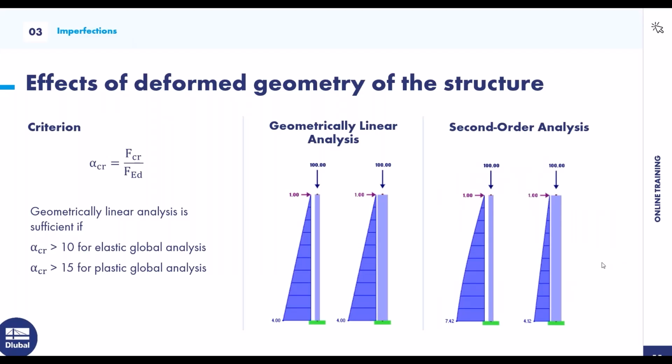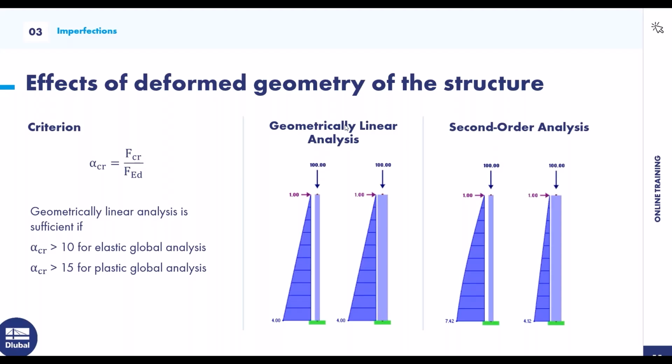Then we turn to the next topic for today: effects of deformed geometry of the structure. In the first training course, Introduction to Member Design, it was learned how the results can differ between the calculation according to the first order theory, the geometrical linear analysis, and the second order theory.